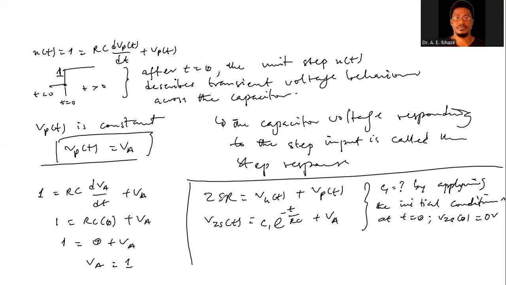Okay. So once we do that, it means VZS of t is equal to C1 exponential minus t over RC plus VA. At t equal to 0, VZS of 0 is equal to 0.